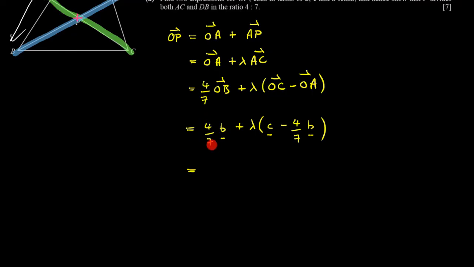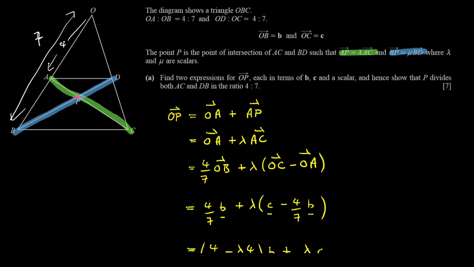Well, we've got 4/7 of B minus lambda lots of 4/7 of B. So I can factorize that as 4/7 minus lambda lots of 4/7 times the vector B plus lambda lots of C, right? So that's an expression for OP in terms of B, C and the scalar lambda. So we've already done that.